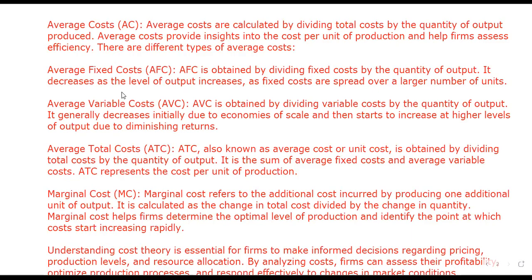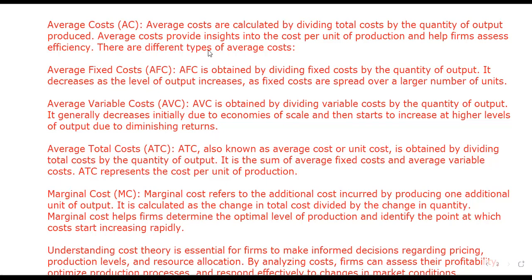So there are different types of average costs. So we have the average fixed cost, which we obtain by dividing the total fixed cost by the quantity. We also have the average variable cost, which we obtain by dividing the total variable cost by the quantity. And the average total cost, which we get by dividing the total cost by the quantity.